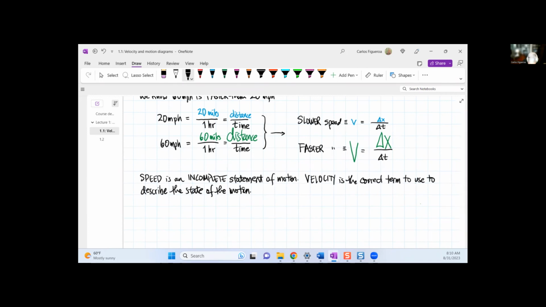And what we find here is that one uses vectors, which is an arrow, to describe velocity. And what we find here is that these have two characteristics.